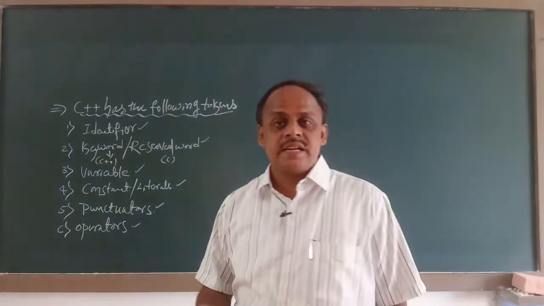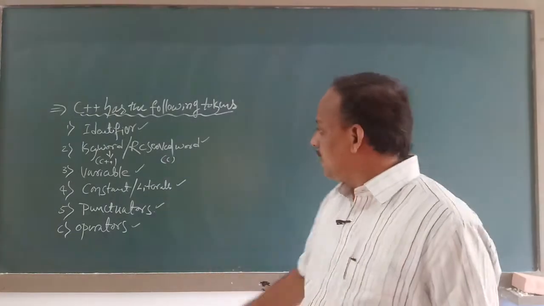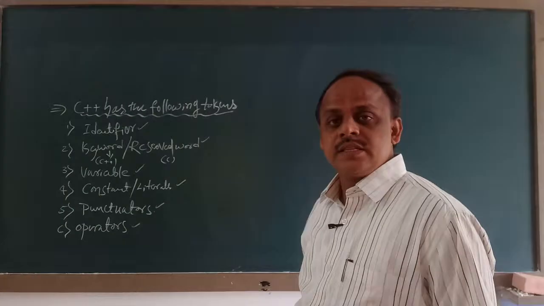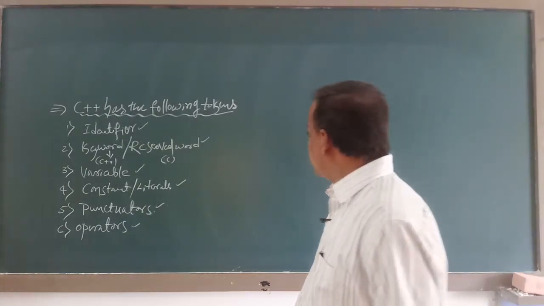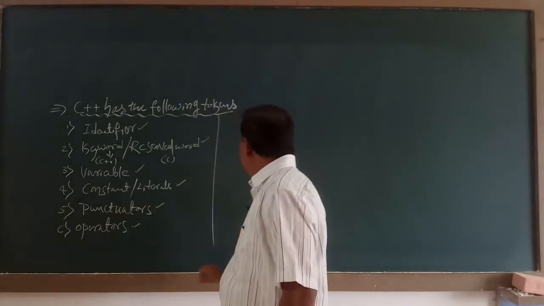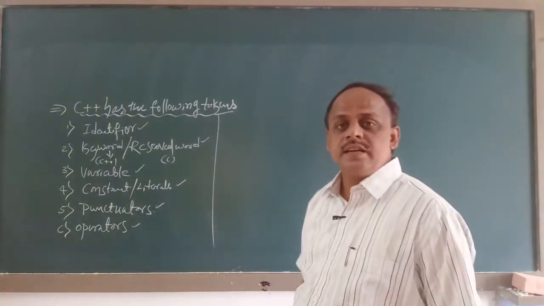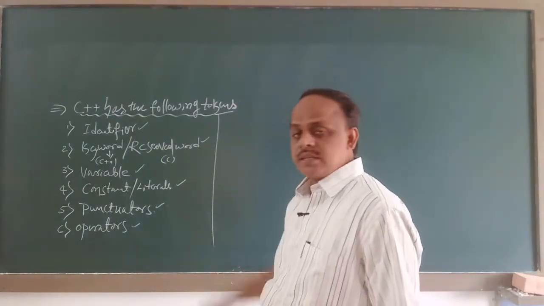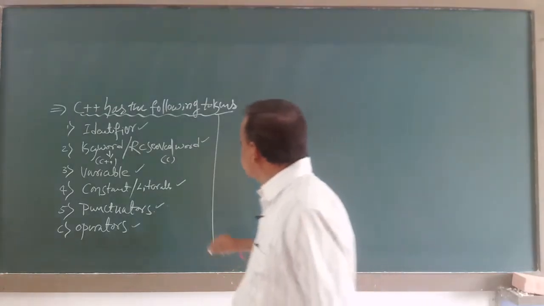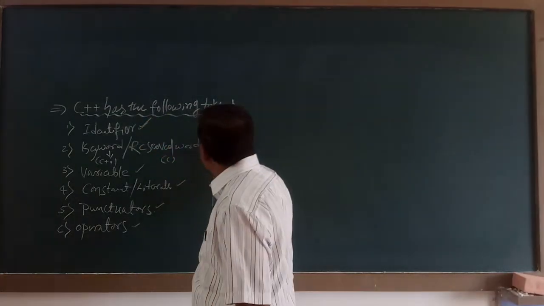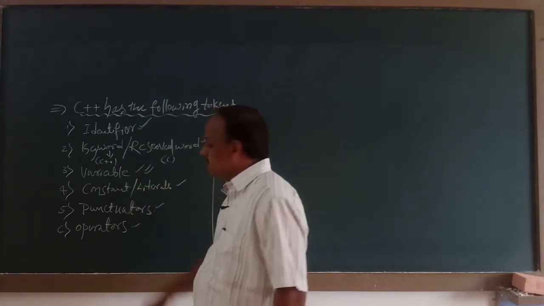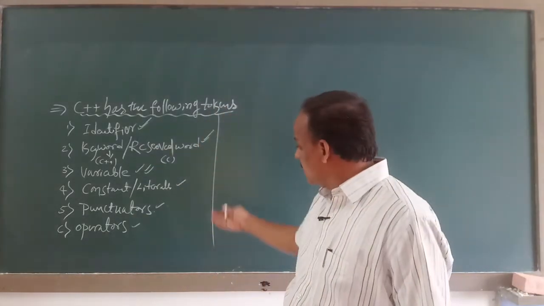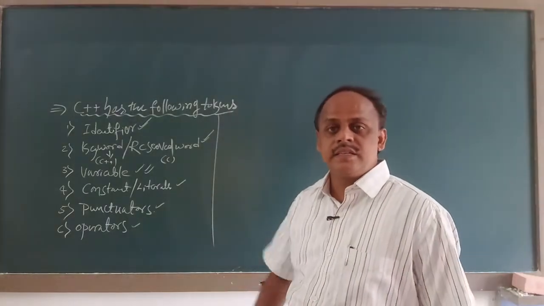Now I think you understand how important these tokens are while writing a program, right? In this class, let us study these tokens in detail. Today we are going to discuss identifiers, keywords and variables, right?